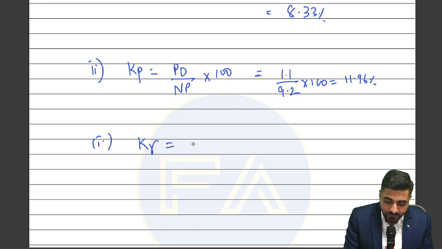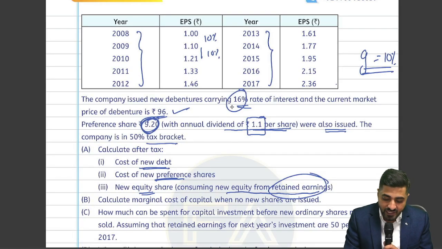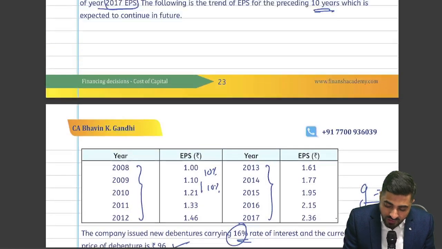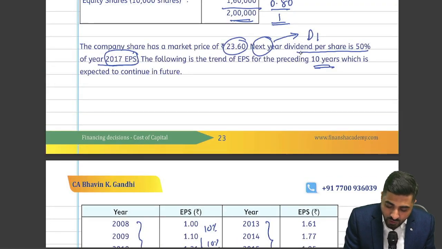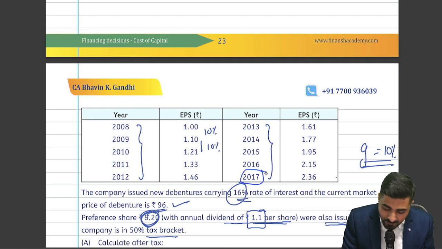The formula is D1 upon P0 into 100 plus G. Do I have the D1 available in the question? It is next year's dividend they have told you. See, they have told you that next year dividend is 50% of 2017 EPS. What is 2017 EPS?